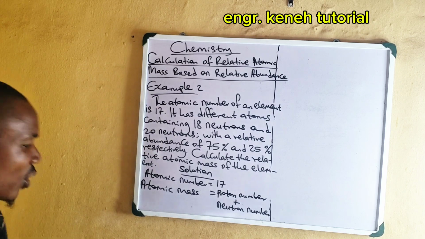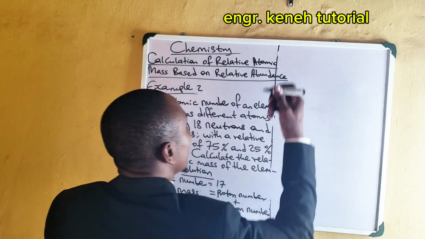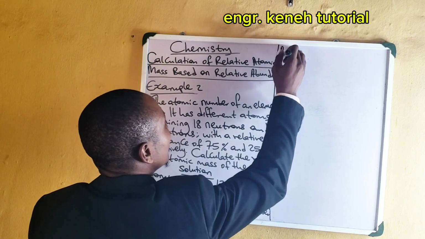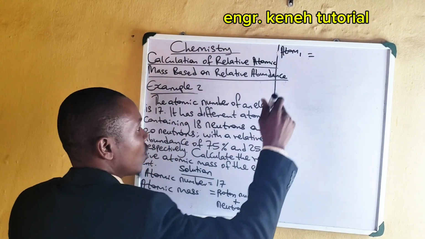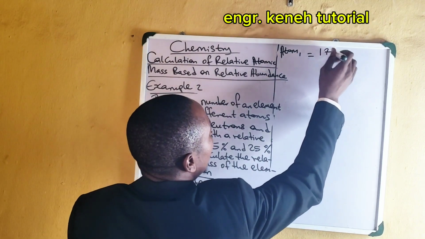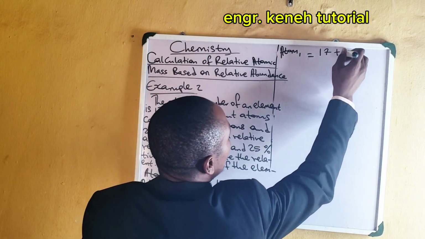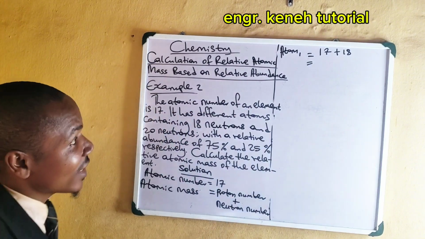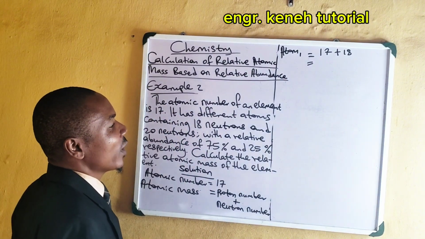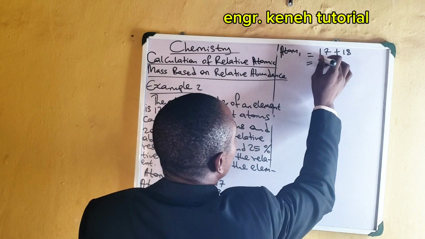So for these two atoms we are talking about here, let's say atom 1. Let me call it atom 1 like this. So we have the proton number is this, while the neutron number is 18. Can you see that? All right. When you add this together, what do we have? We have 35.